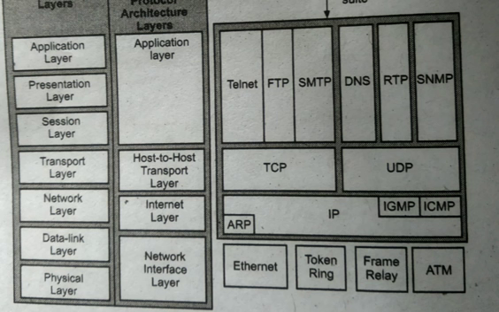It manages the connections between the network applications. Next we can see the internet layer. The internet layer manages the addressing of packets and delivery of packets between the different networks. It fragments packets so that they can be dealt with by the lower layer, that is the network interface layer.